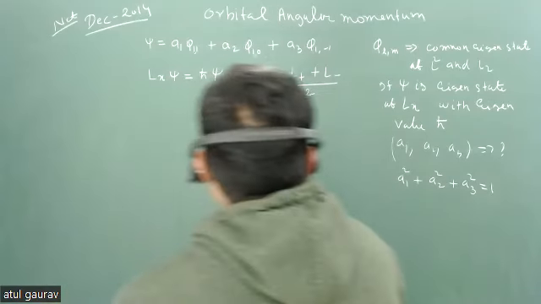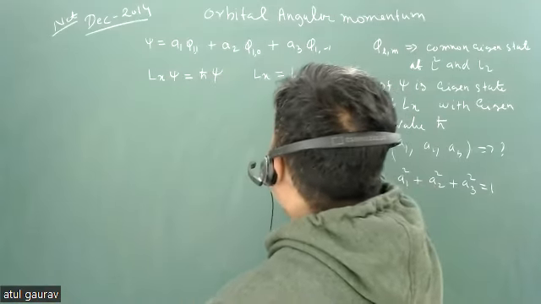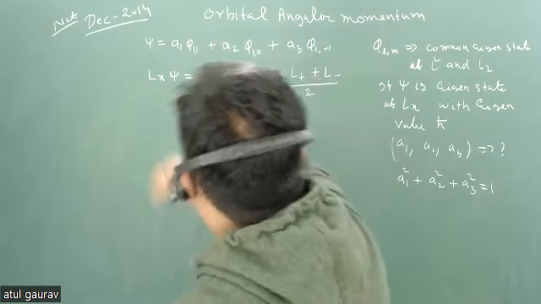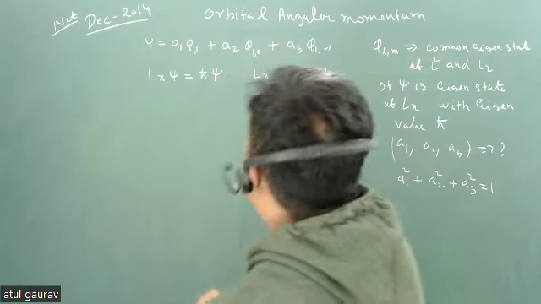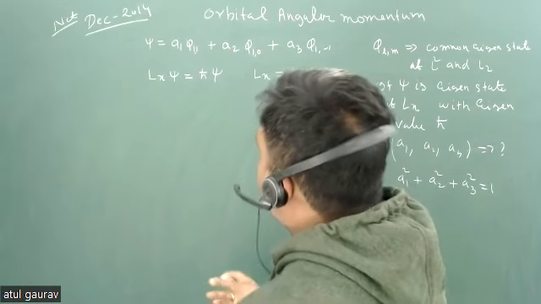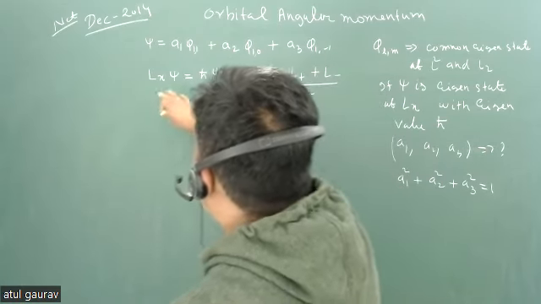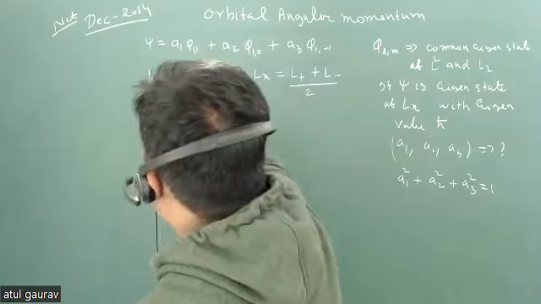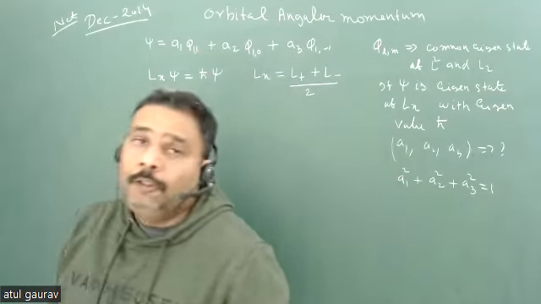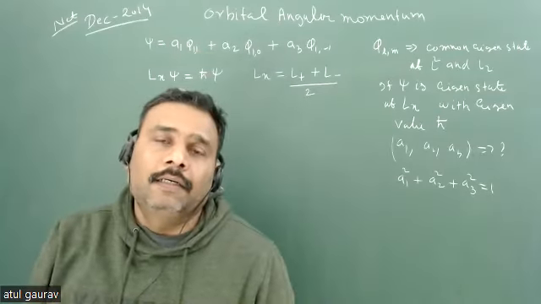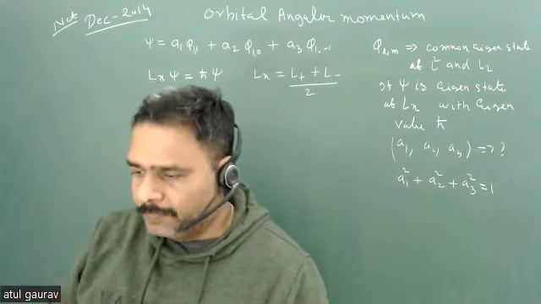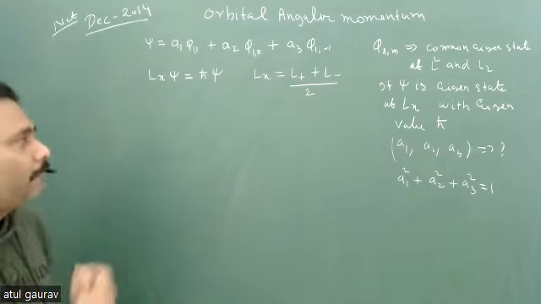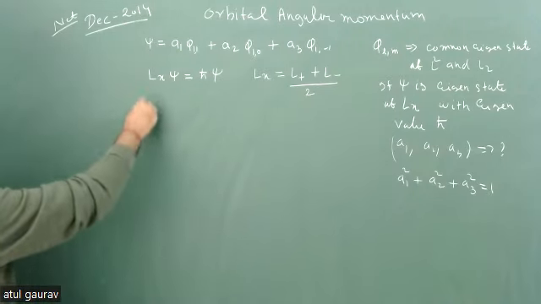So obviously, we have to know what will happen when we operate L plus on psi, and when we operate L minus on psi. And then we can write this Lx, and use this equation to find another equation for A1, A2 and A3. So let's try to do this. First do some homework.